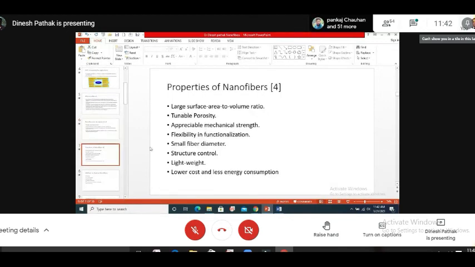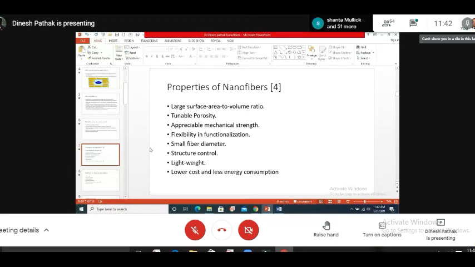Then this slide is showing the properties of nanofibers. They have a very large surface to volume ratio. Tunable porosity means if we desire to stop novel coronavirus, then we should have suitable porosity. The size of coronavirus is expected to be around 110 nanometer. Similarly, other bacteria have size in micrometers, so they can also be stopped.